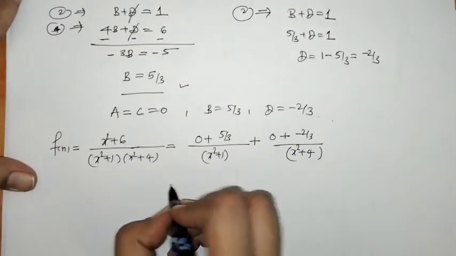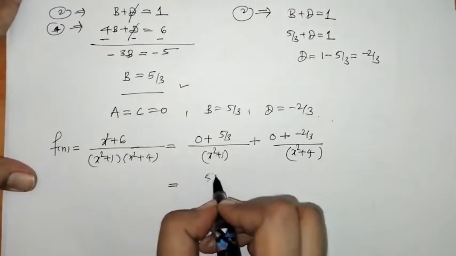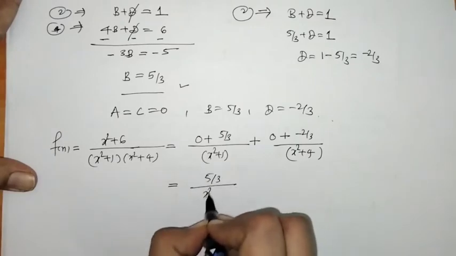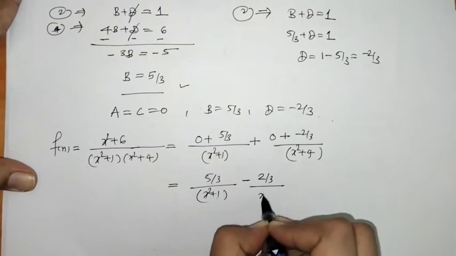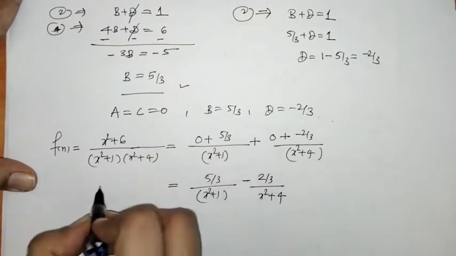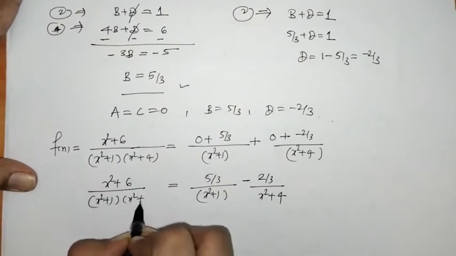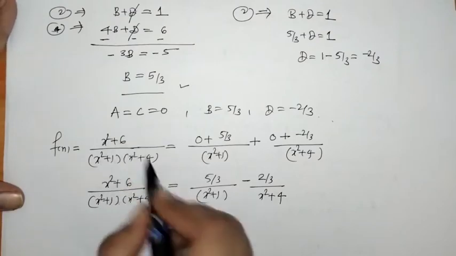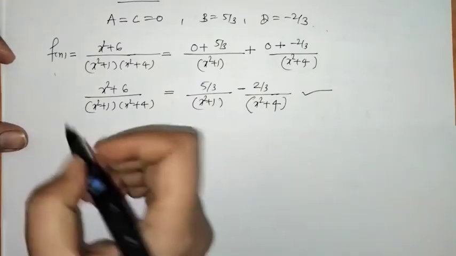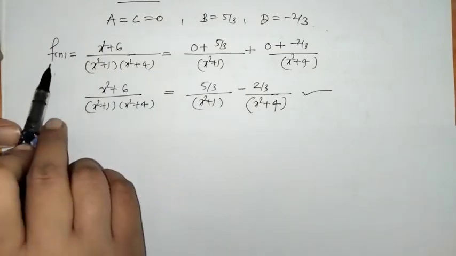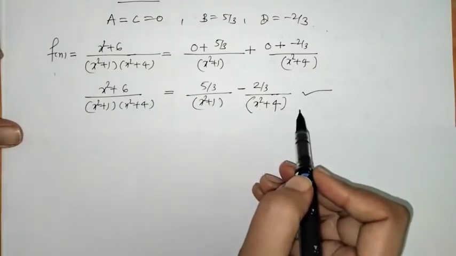So we got 5 by 3 over x square plus 1, and minus 2 by 3 over x square plus 4. So we have resolved this function f of x in partial fractions, right?